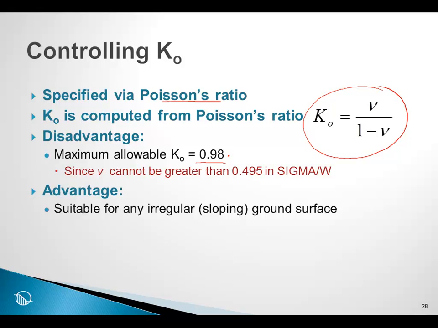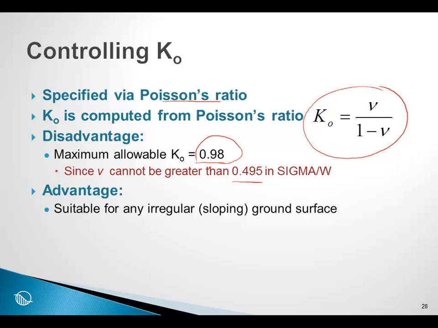Theoretically, we cannot have a Poisson's ratio greater than 0.5, and it creates numerical difficulties as we approach a Poisson's ratio of 0.5. So SIGMA/W limits the specification of Poisson's ratio to 0.495, which represents a K0 of 0.98.